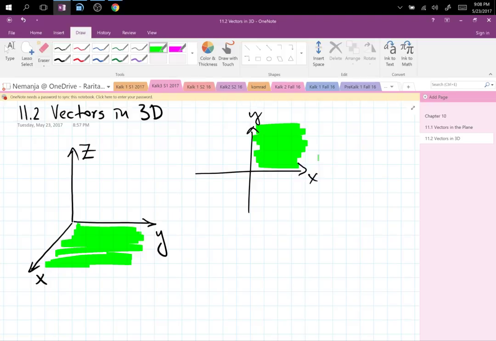So 3 planes that intersect, the XY plane, XZ plane, and YZ plane, create 8 regions. Earlier we had 2 lines intersect and create 4 quadrants. Now we have 8 octants.